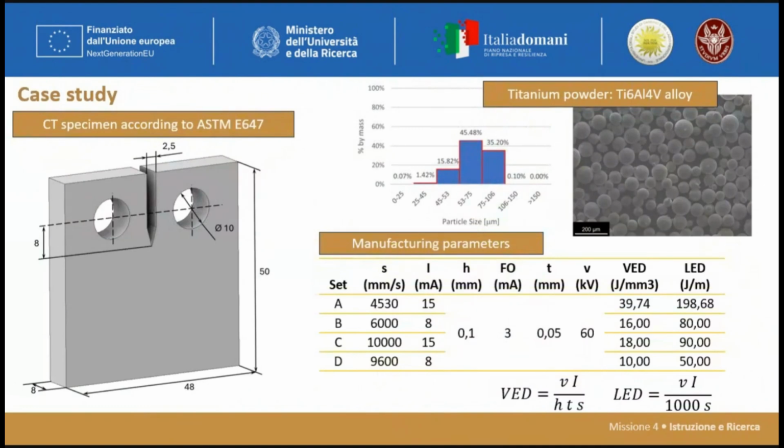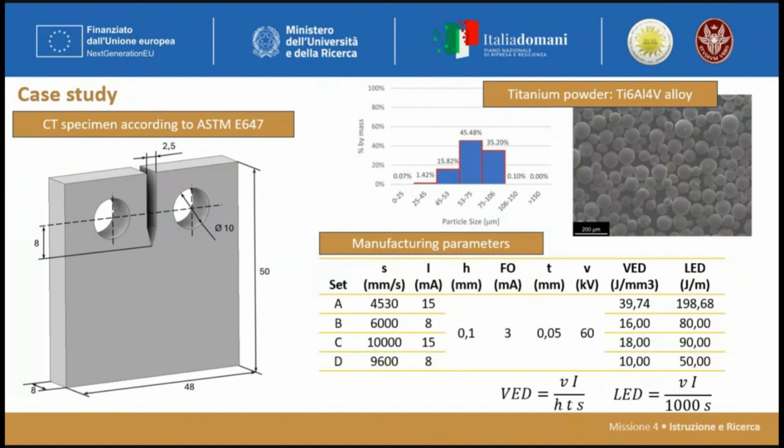First of all, the specimen. The specimen is a classical compact tension specimen from the ASTM Ti6Al4V standard. Our specimen presented an almost square section with an edge of 50 millimeters.